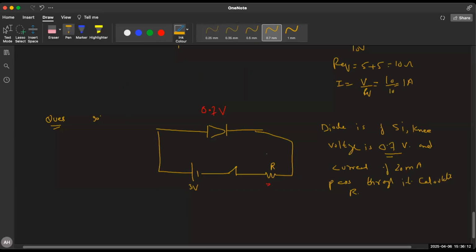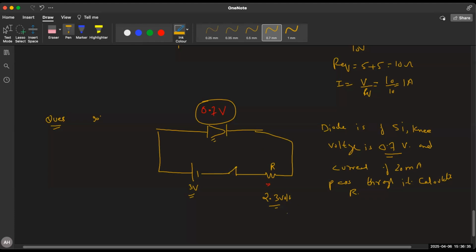So is it 3 volt? 2.3, right? It's because the total is 3 volt. Out of 3 volt, the drop of 0.7 volt is across the diode. So the remaining is 3 minus 0.7, which is 2.3, which is across the resistor. Clear?